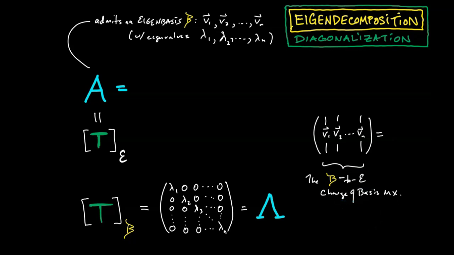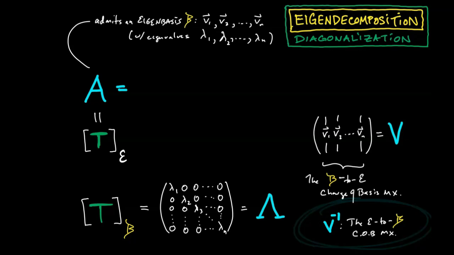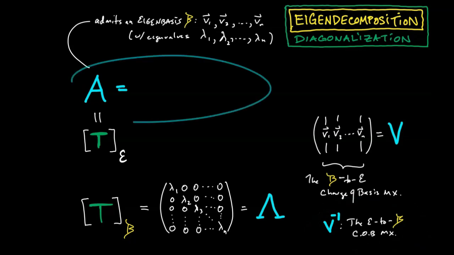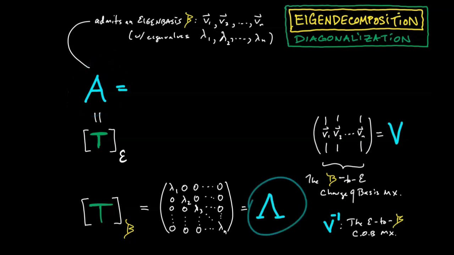Let's give it a name, like V. All right, well in that case, we know something about V inverse. If V is the B to E change of basis matrix, its inverse, obviously, is the E to B change of basis matrix. And now we have all the ingredients to write down the relationship between A and lambda.